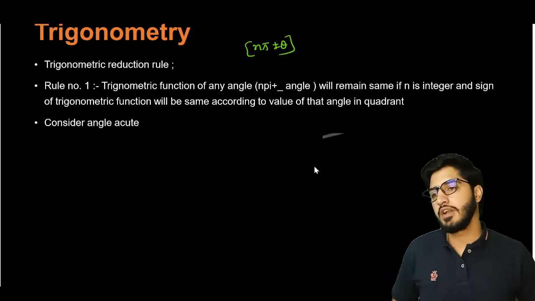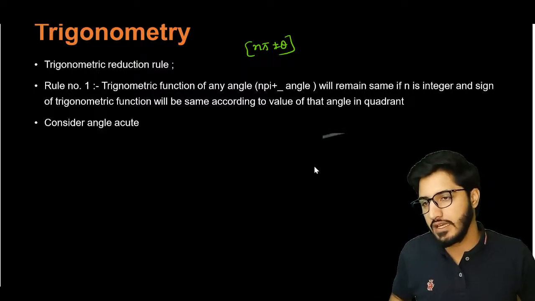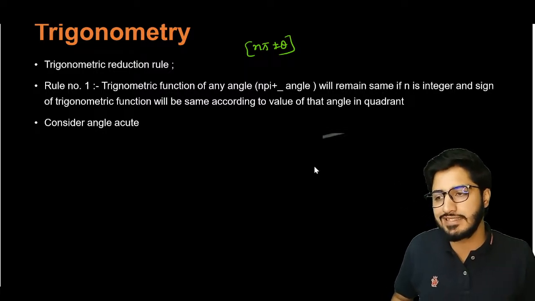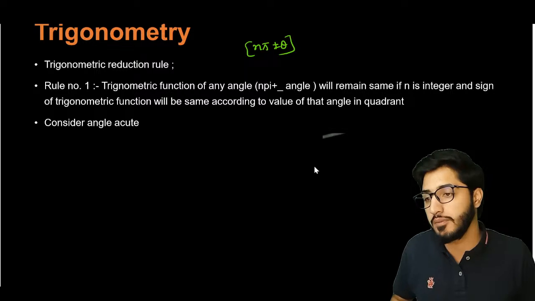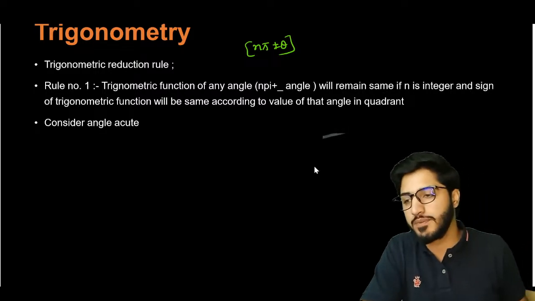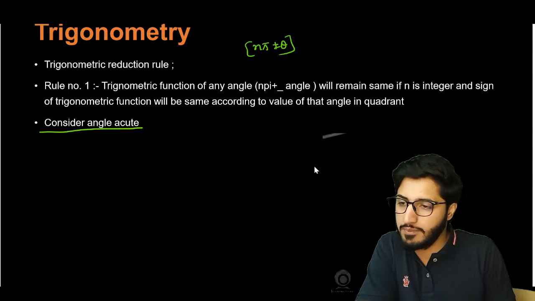The first trigonometric reduction rule is: trigonometric function of any angle n pi plus minus theta will remain the same if n is an integer, and the sign of the trigonometric function will be according to the value of that angle in the quadrant. So what is the meaning of this sentence? You have to remember the angle should be acute. That means the angle should be less than 90 degree.